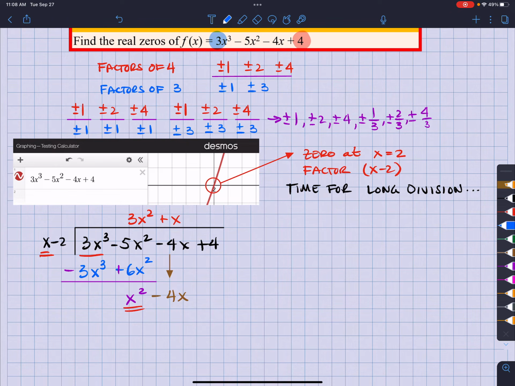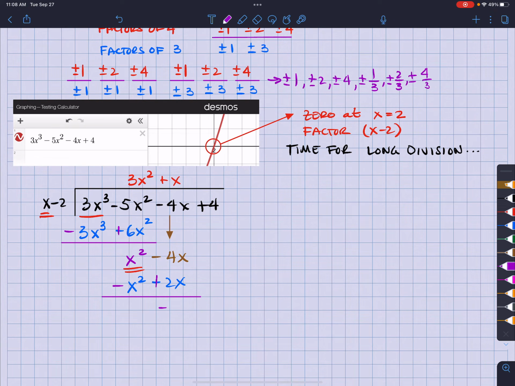Then I have to multiply. All right? And I'm going to get an x squared minus 2x. Flip the signs and add, and I'm going to get a negative 2x. And then I've got to bring down the next one, which is plus 4. Then I ask myself, how many times does x go into negative 2x? And that's going to be what? Negative 2 times. Then I have to multiply, and I'm going to get a negative 2x plus 4.